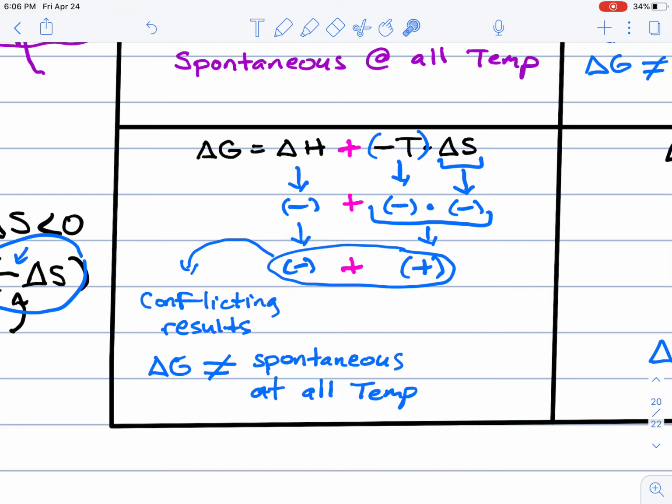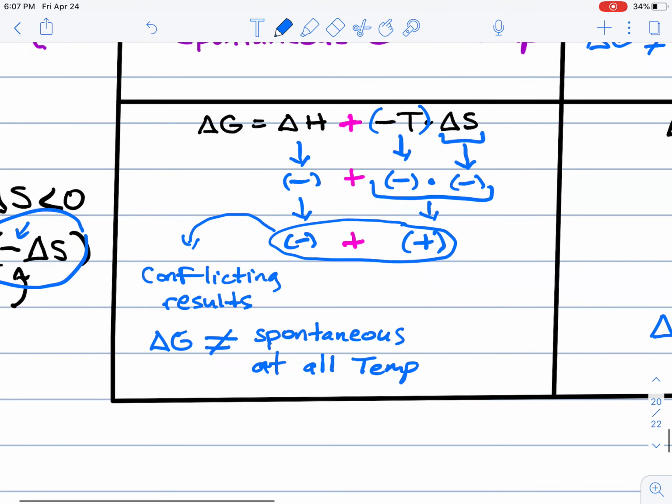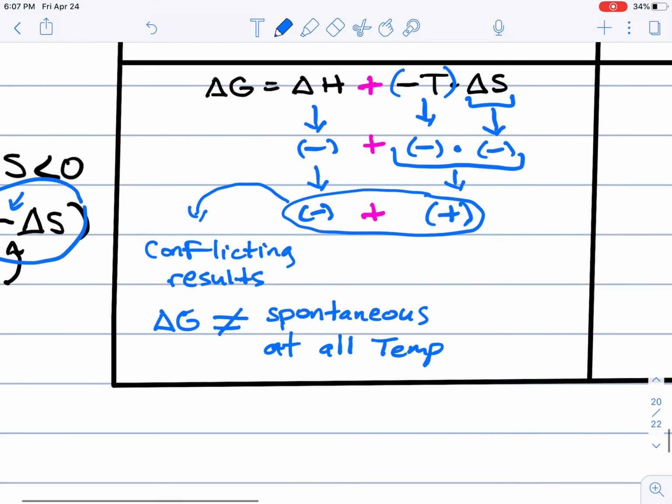And the only way to make this positive value smaller is if the temperature is much smaller, right? So if the minus T is a small number, the value of the product is going to give us a small number. And we're going to hope that that small positive number is small enough so that the negative sign of enthalpy will dominate at the very end. So it's going to be enthalpically driven.